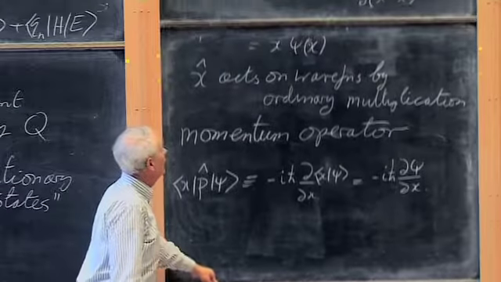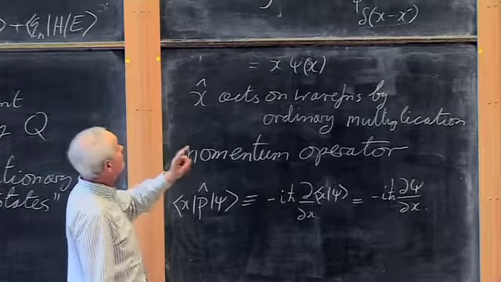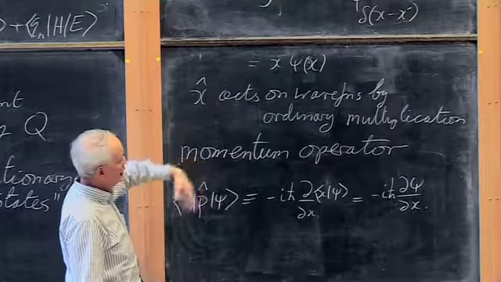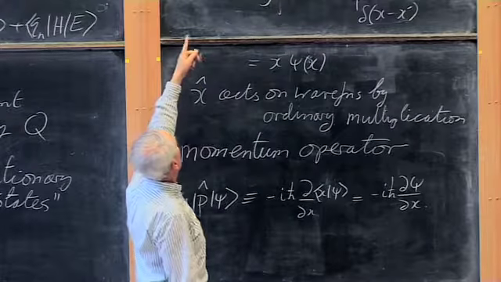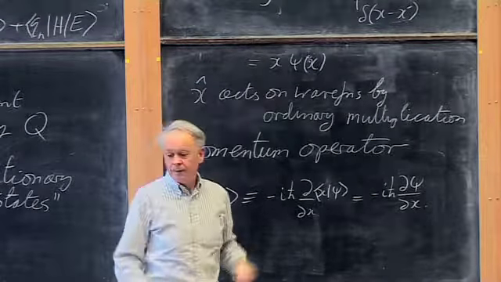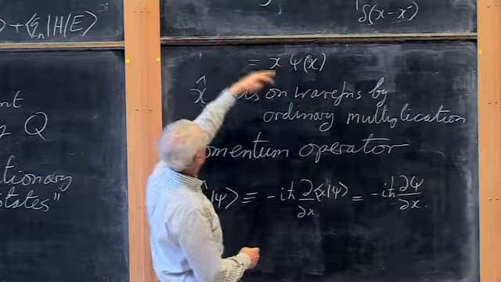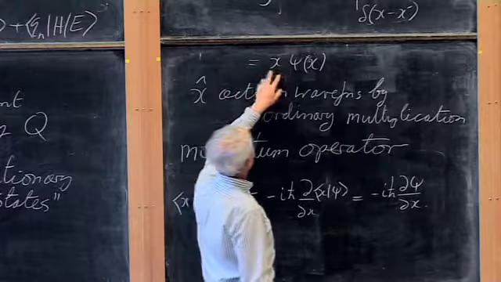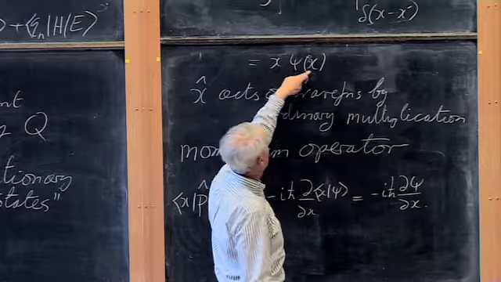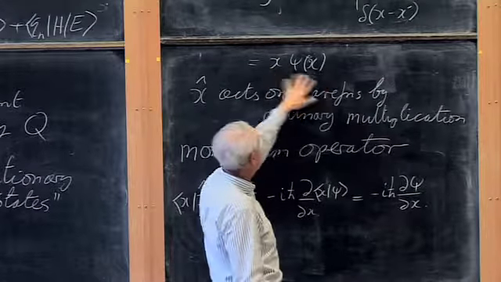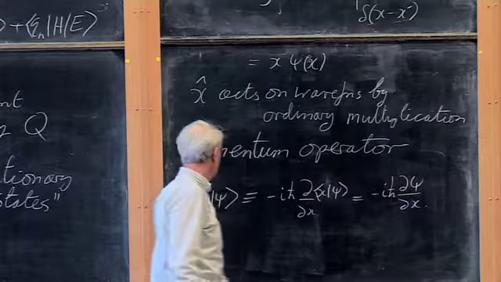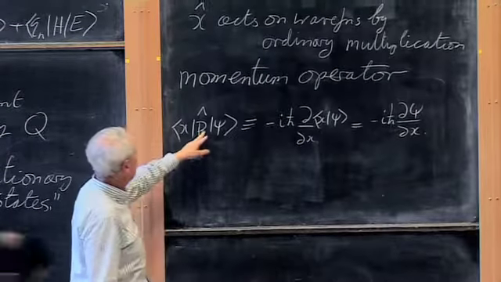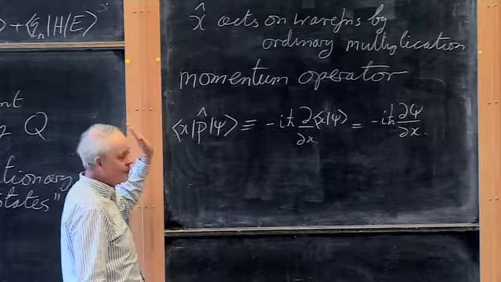Our states are represented by their wave functions, which is the amplitude at x. So the x operator has to turn a wave function psi into some other function, and look, x psi is another function. It depends on x in a different way from the way psi does. So similarly, this operator I claim is the momentum operator without any basis.